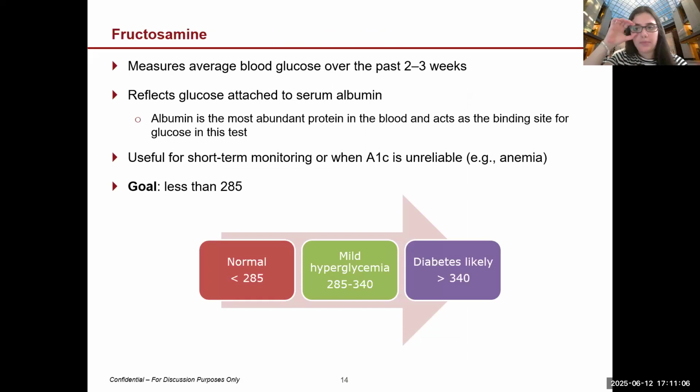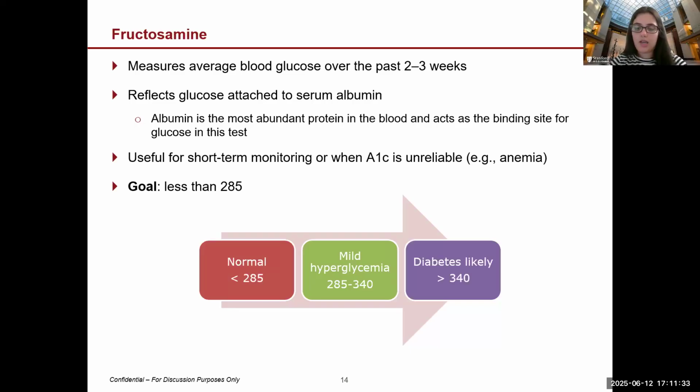This is another lab test that is less common than the A1C, but we also use it sometimes. It's called fructosamine. This is another lab that reflects the average blood sugar, but over a shorter period of time, which is about 2 to 3 weeks. And it reflects the glucose that is attached to serum albumin.